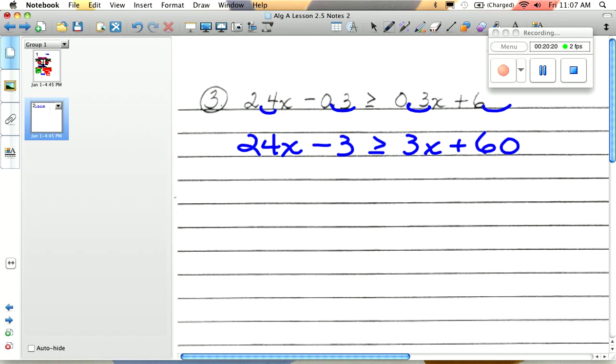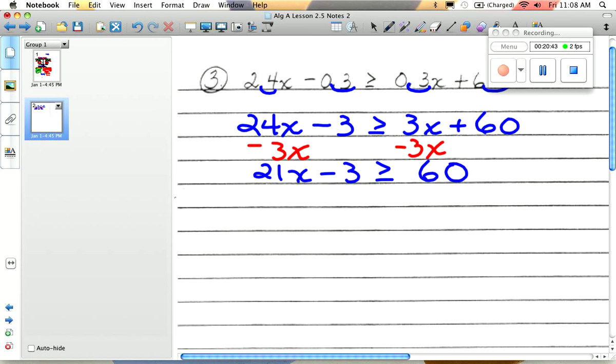Okay, let's subtract 3x from both sides. What's 24x take away 3x? 21x. So 21x take away 3 is greater than or equal to 60. What should we do next? Add 3.